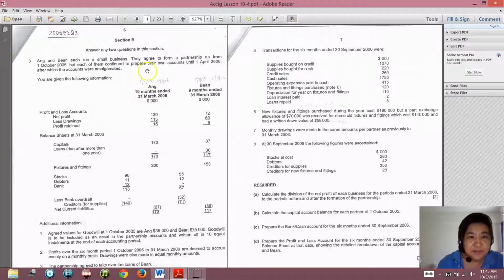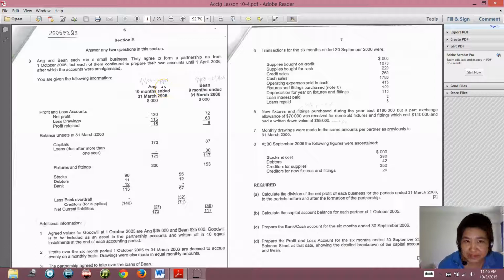So the period before the formation of partnership for Ang will be 1st June 2005 to 30th September 2005. And the period after the formation of partnership would be 1st October 2005 to 31st March 2006.